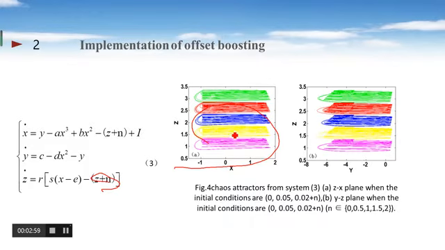Here, different positions of the attractor come from different constants.